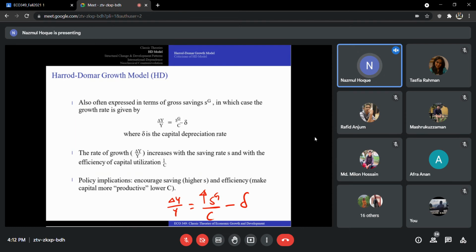Poor economies will have low savings, right? So they will have lower output or lower economic growth, and that in turn is going to indicate they will have lower savings again, which in turn indicates lower economic growth. So it looks like a trap. This model does not really talk about how poor nations can get out of this poverty trap or low economic growth trap.